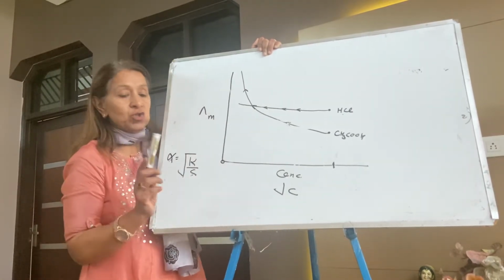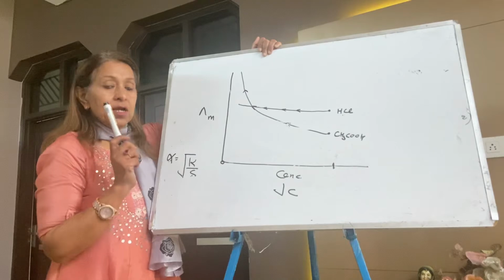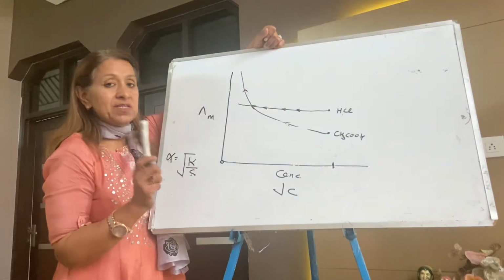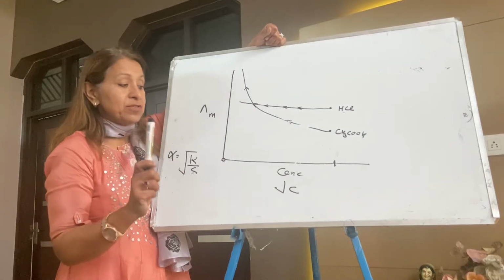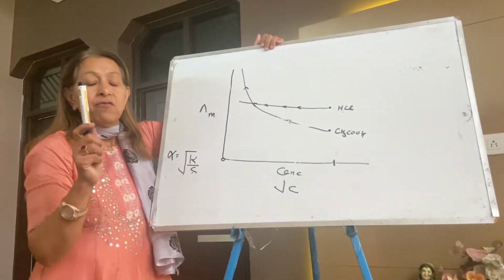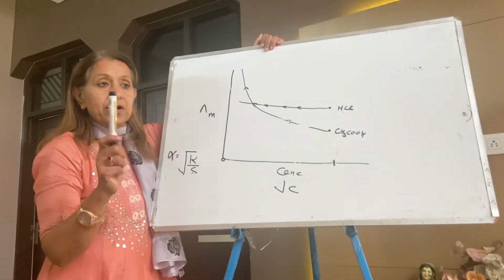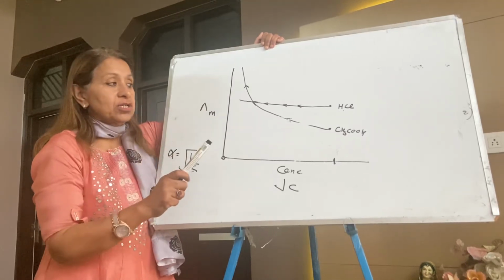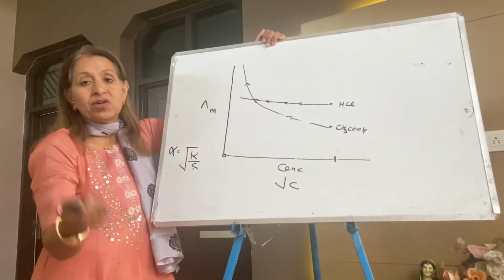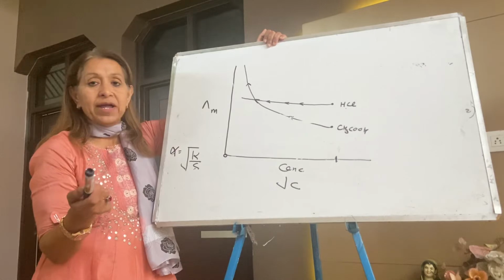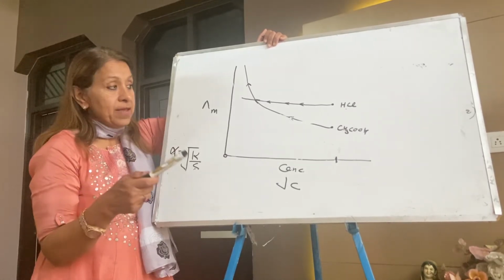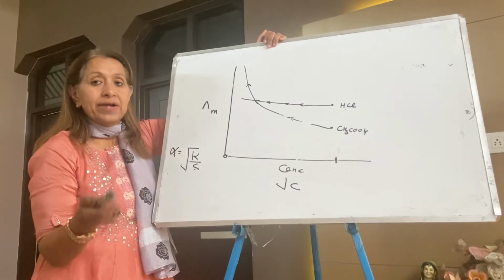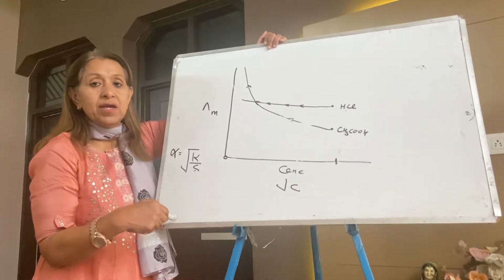I think it should be clear now. There is a very beautiful graph in your NCERT given. You can check the graph. Lastly, I am telling you, your topic was variation of molar conductance with concentration of strong and weak. So what is the answer? Strong electrolyte lambda m increases to a very small extent, but the lambda m of the weak electrolyte increases sharply.